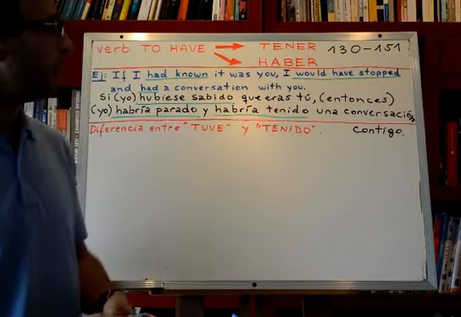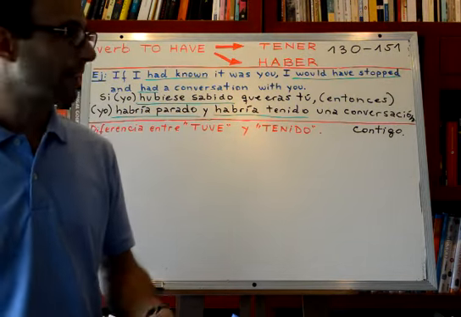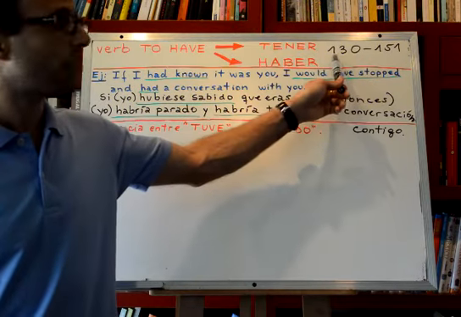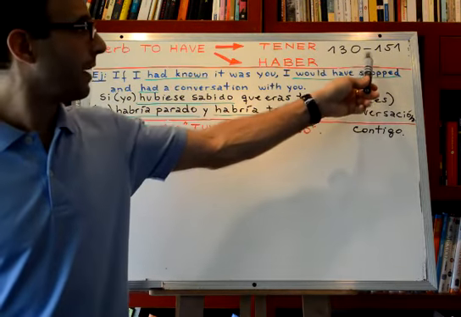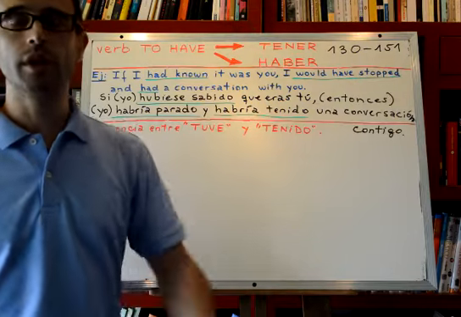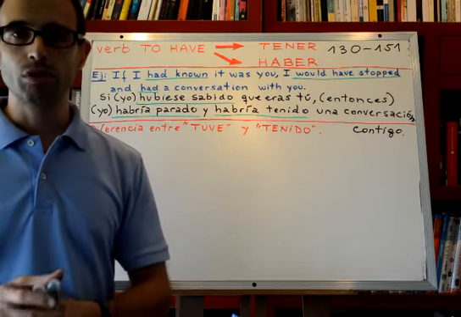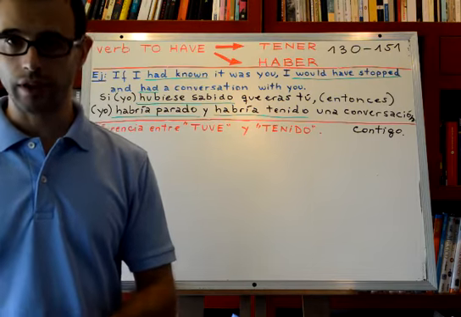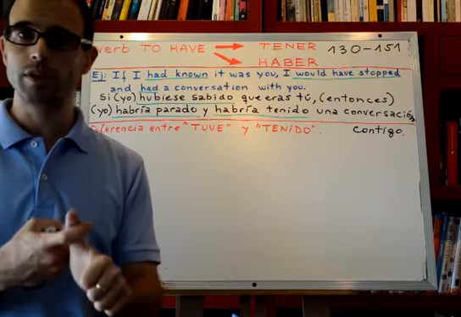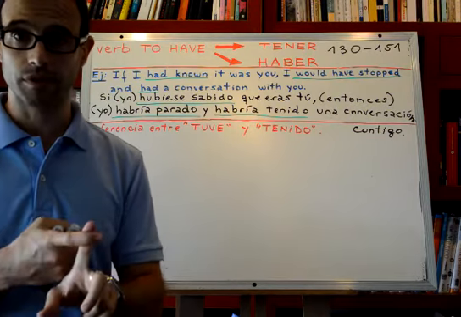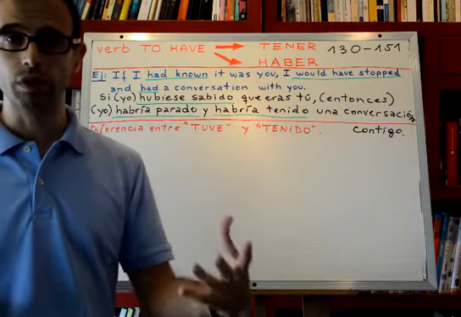So let me remind you that our previous lessons from 130 through lesson 151 are dedicated to 22 Spanish conjugation tenses, okay? How to conjugate them and also some examples, and how to use them, when to use them.